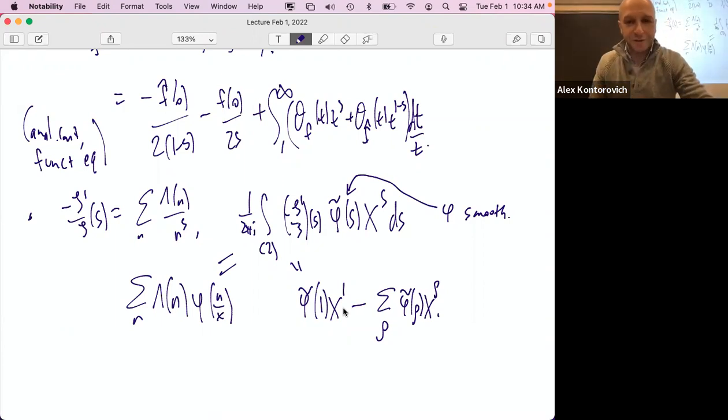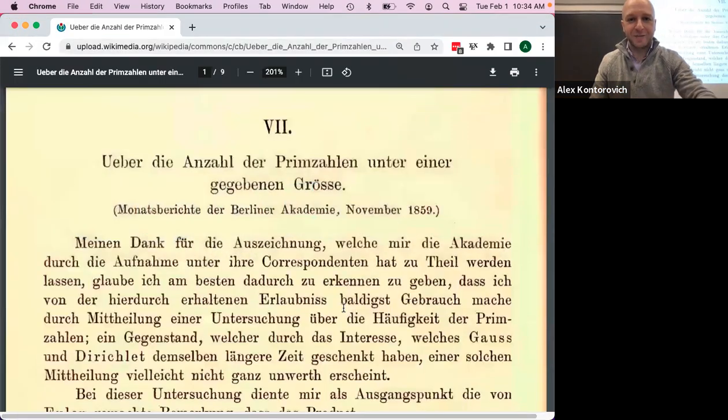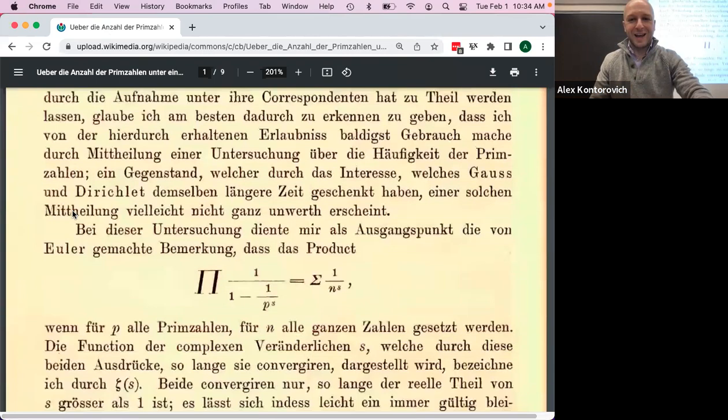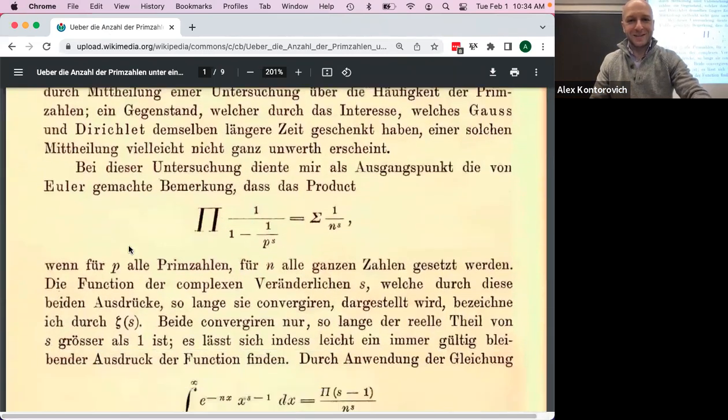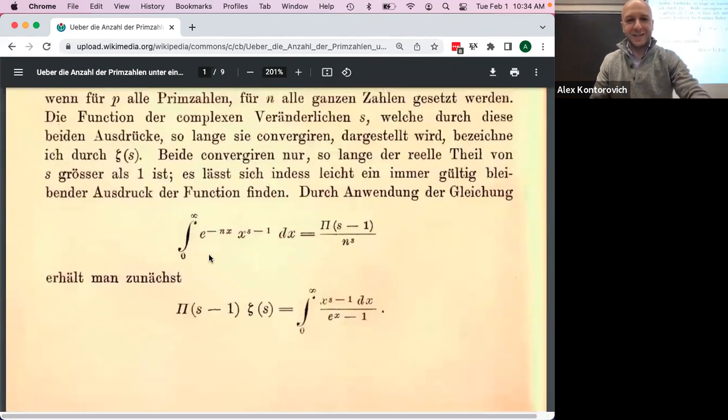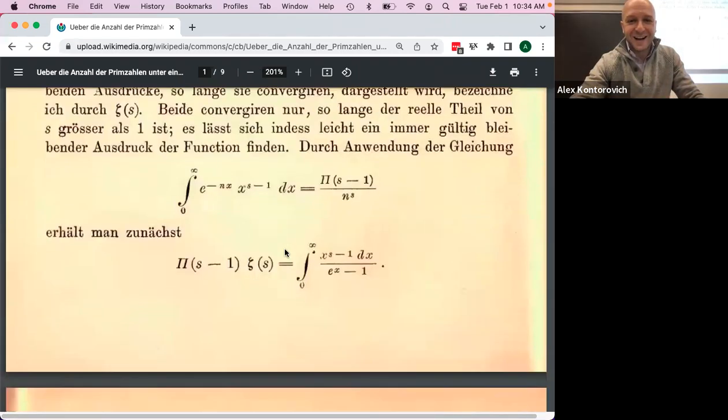I wanted to show you that you can really see this in Riemann's memoir. So here's Riemann's memoir, 1859. And here's the Euler product. And this is the gamma function, the integral of e to the minus nx, x to the s minus 1 dx. He didn't write dx over x. Haar wasn't around just then.